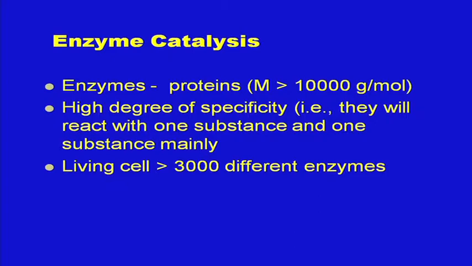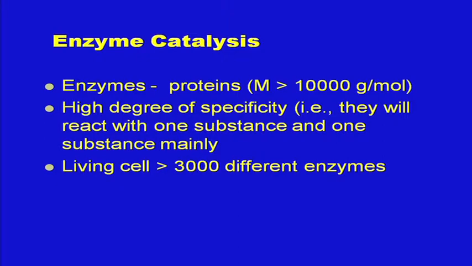So, this enzyme will recognize those substrates which have specific functional groups. High degree of specificity means they will react with one substance mainly, or maybe one group of substances having specific functional groups.